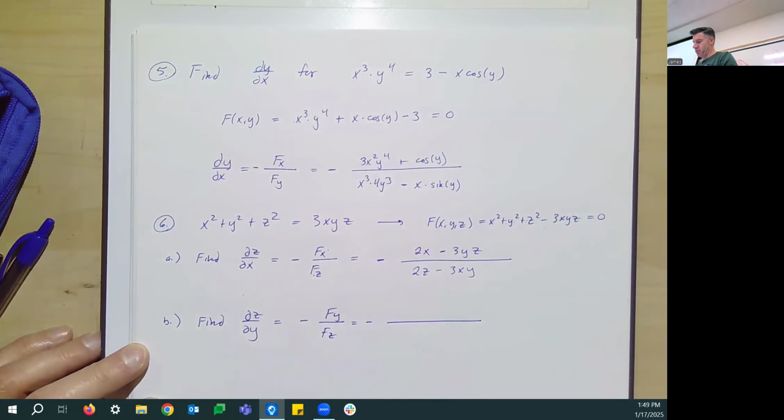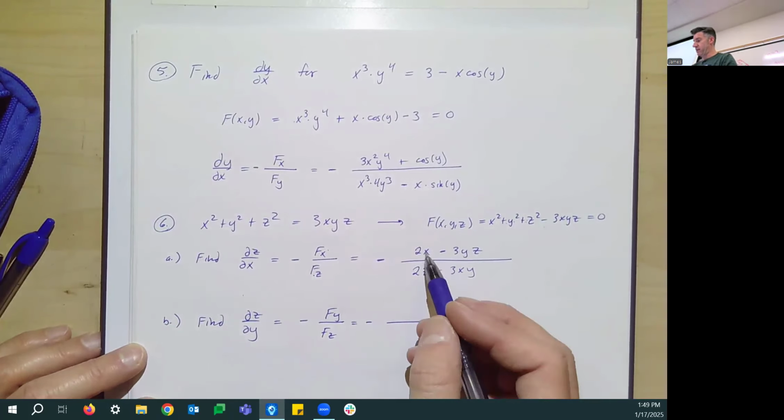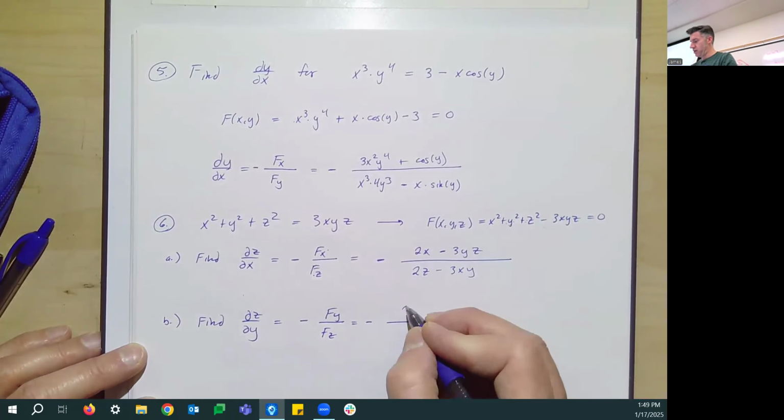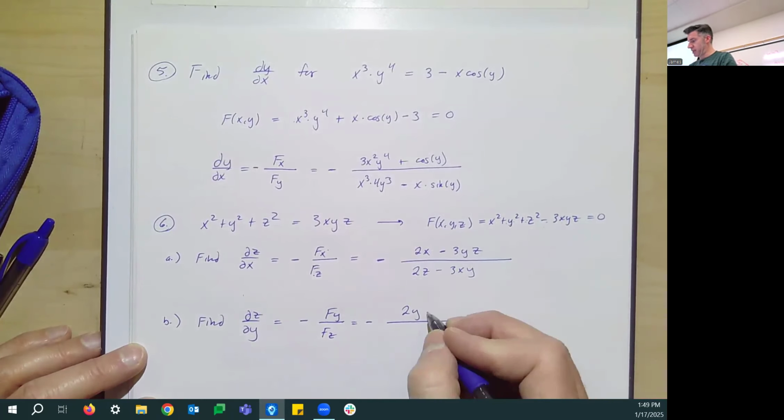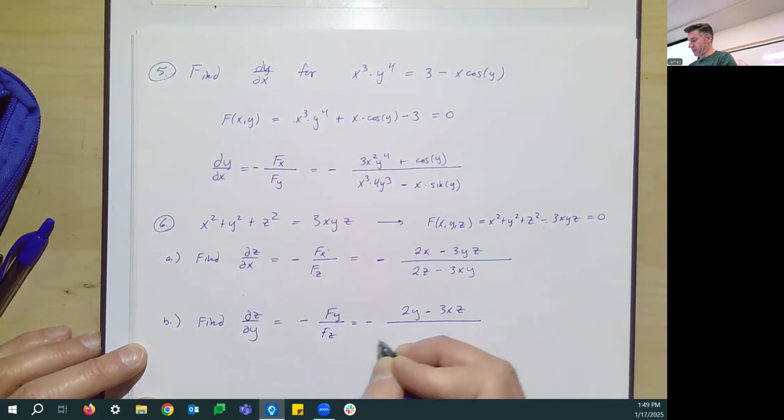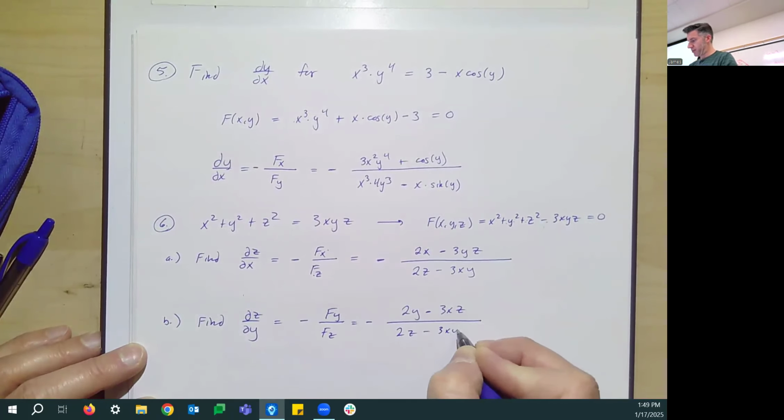So we should get negative fy over fz. Fy is going to be 2y minus 3xz. And fz is the same as it was before, 2z minus 3xy.